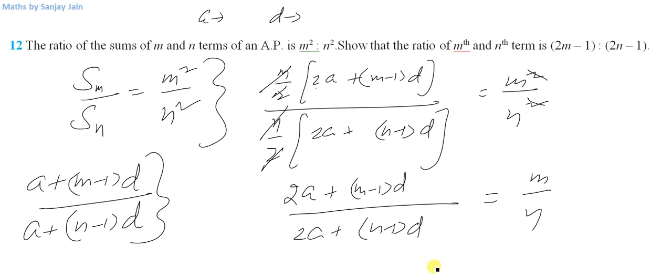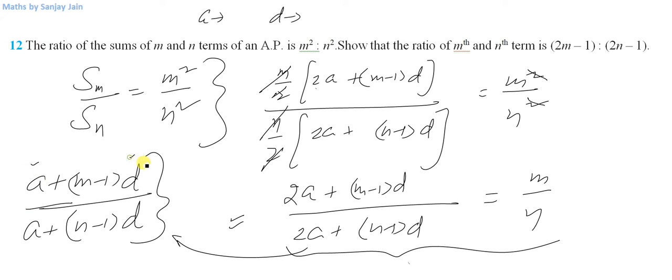Okay, what I've got is this ratio. So I have to use this information to find this expression here. And in this expression, the unknowns are a and d. I cannot find the values of a and d separately, so I'll try to find a relation between a and d using this information.